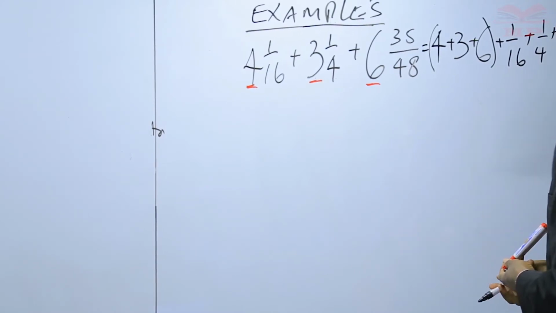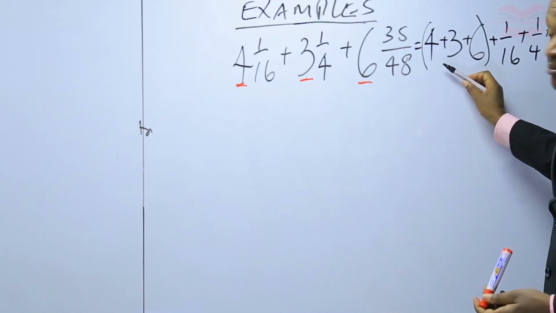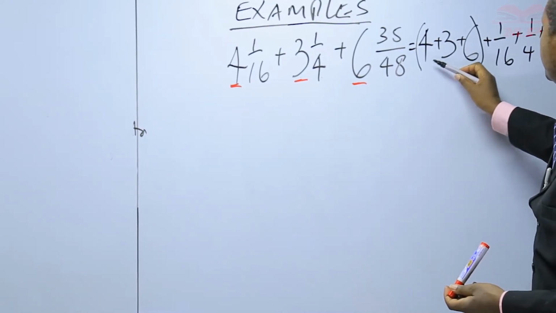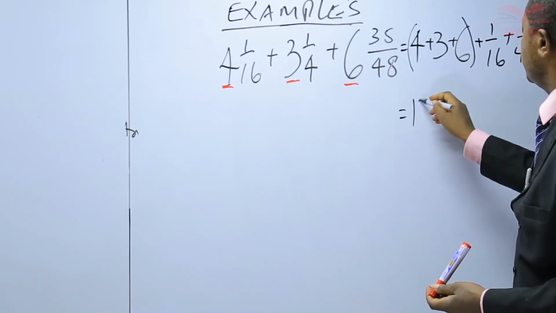When you add the whole numbers, 4 plus 3 plus 6 will give us 13.